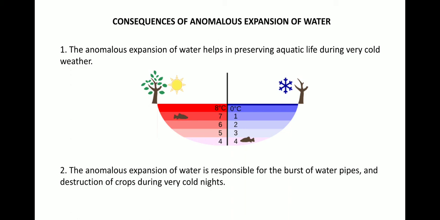Next, the anomalous expansion of water is responsible for the bursting of water pipes, and also it causes destruction of crops during very cold nights. This is again because when water starts freezing, it has to pass through 4 degrees Celsius to 0 degrees Celsius. And when it is at 4 degrees Celsius, it becomes the densest. So water in a pipe expands and it exerts large pressure on the pipes, which causes them to burst.